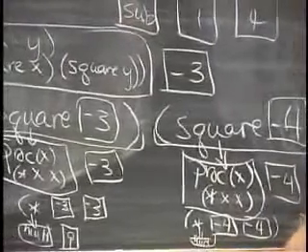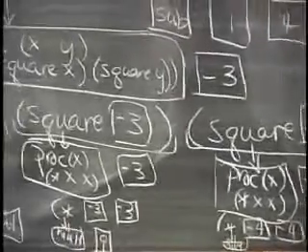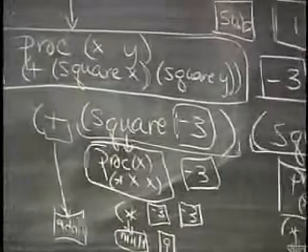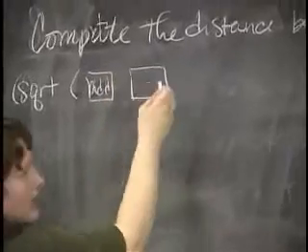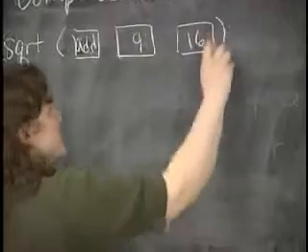We're still waiting on the square root. At this point, we have the plus. Actually, I've already evaluated that to add: 9, 16.